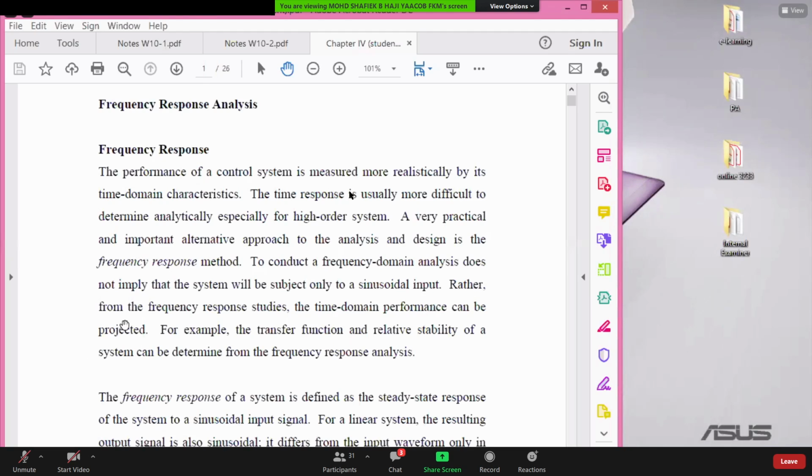So from the frequency response studies, the time domain performance can be projected. At the end of the day, we want to design our controllers so that our time domain specification will be met. So that is at the back of our mind.